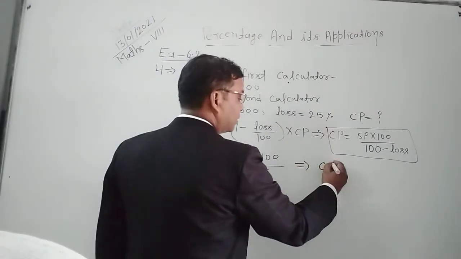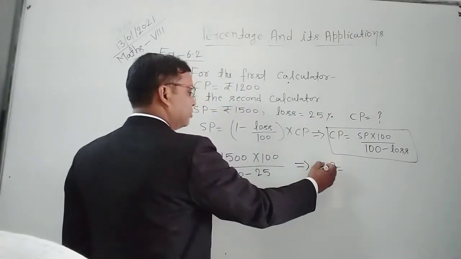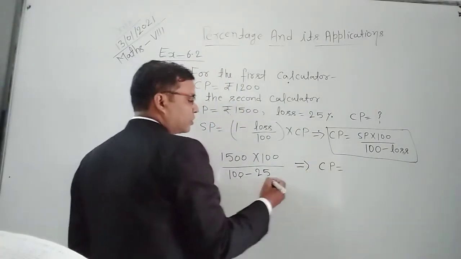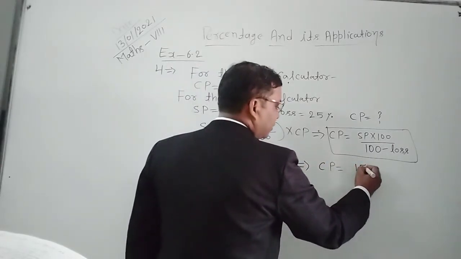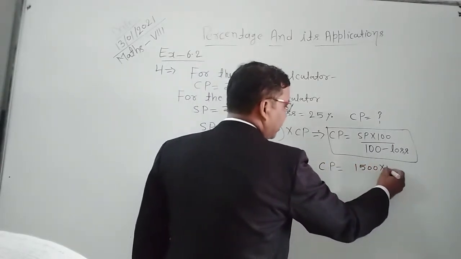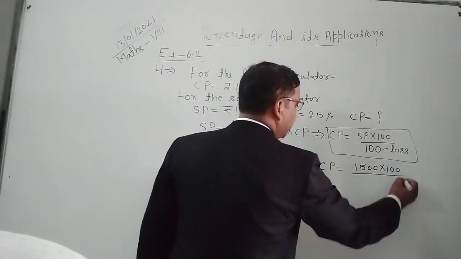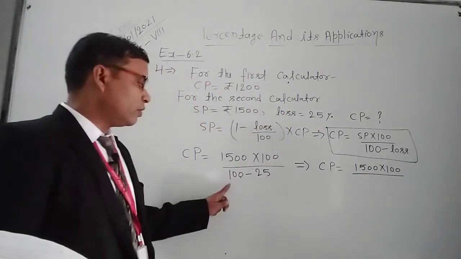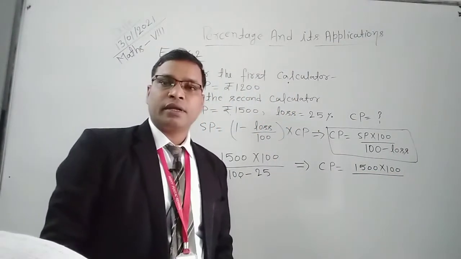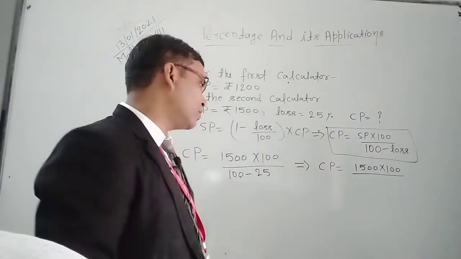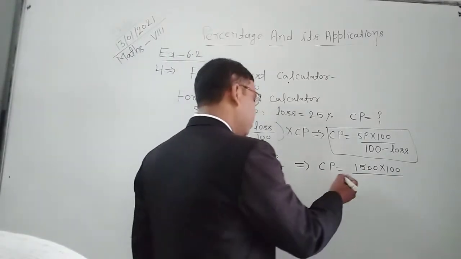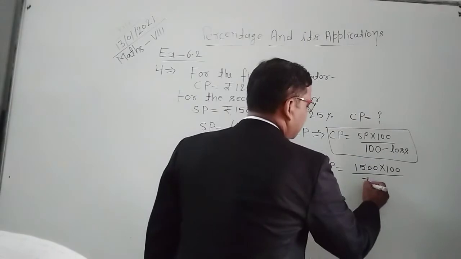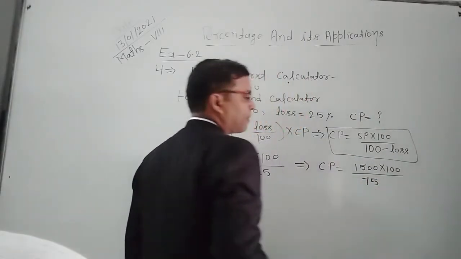So you can see the cost price of the second calculator. CP of the second calculator is equal to 1,500 into 100 divided by 100 minus 25. 100 minus 25 is equal to 75. Clear?